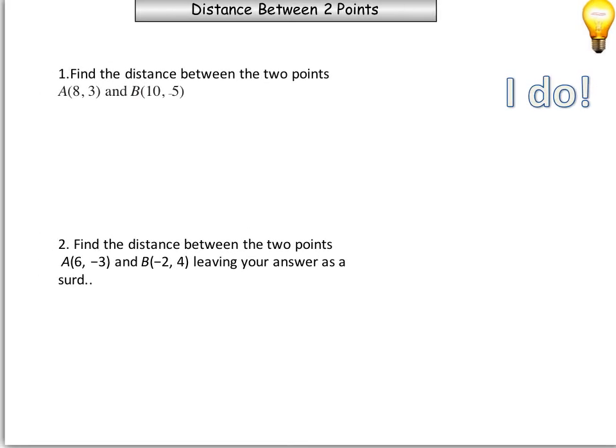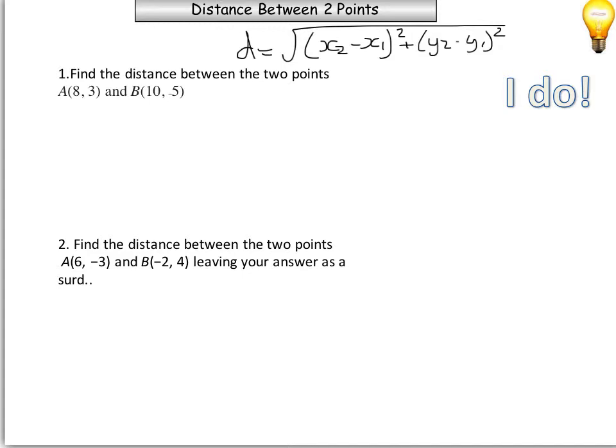So the formula is D equals the square root of (x2 minus x1) squared plus (y2 minus y1) squared.